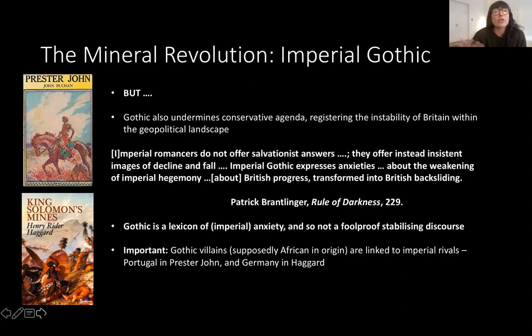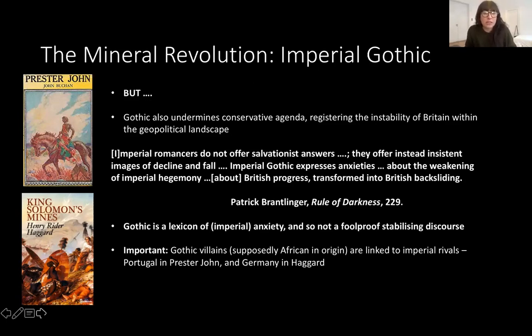So Gothic also undermines the conservative agenda in both Prester John and King Solomon's Mines, registering the instability of Britain within the geopolitical landscape. And here, a line from Patrick Brantlinger's excellent book, Rule of Darkness, published in 1989, one of the early critical texts to think about Imperial Gothic.